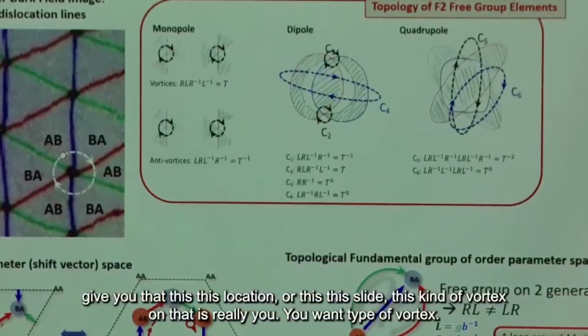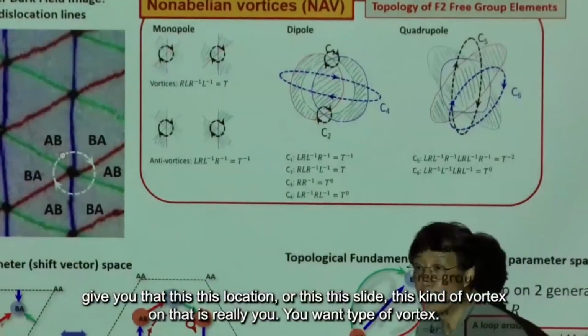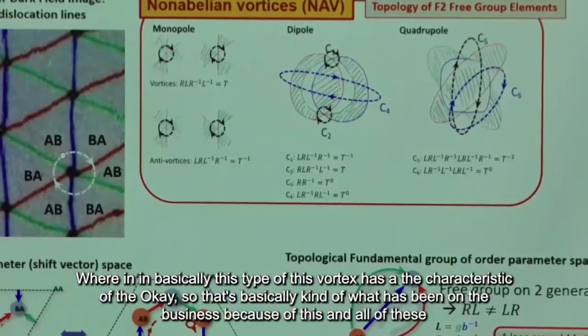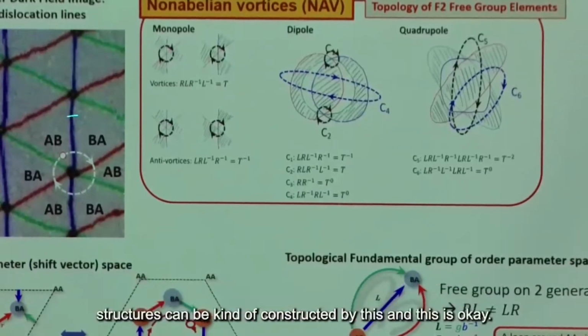That's basically what has been discussed. Because of this topological object, in some sense you can create a non-abelian vortex, a non-abelian anti-vortex, dipoles, and polar poles, and all of these structures can be constructed by manipulating these dislocations and making their junctions around together.